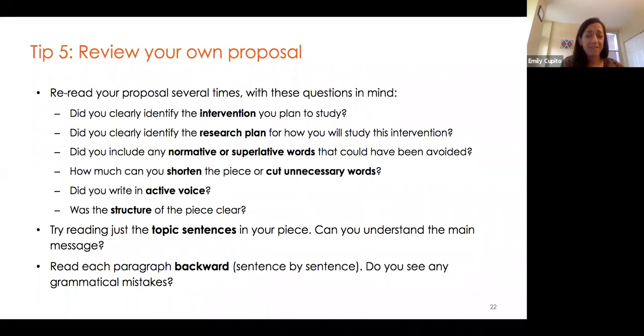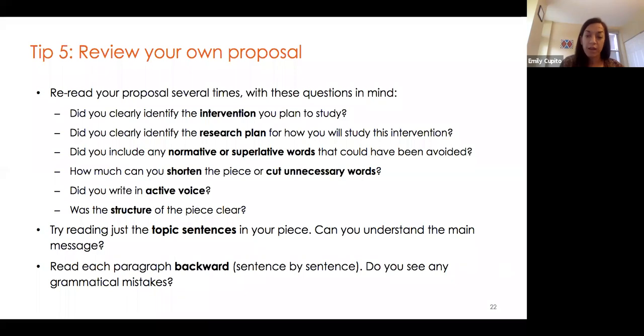So I spend lots of time scrubbing the language and making it clearer. We've included in this slide some questions that you can ask yourself as you're working to make that writing clearer. And I encourage you to use this list as you write and to add your own questions to it, so you have a checklist that you go through as you review your writing.